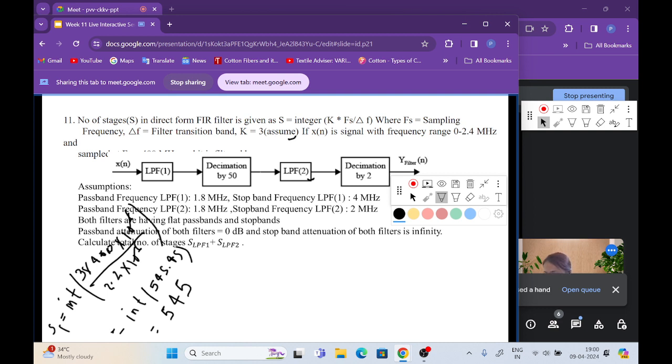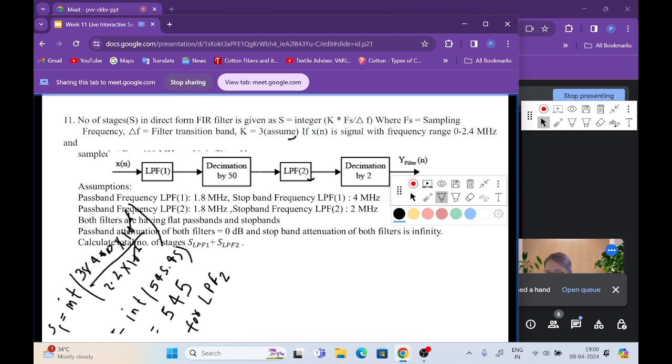Okay, so for low pass filter 2, I am representing the number of stages by S2.